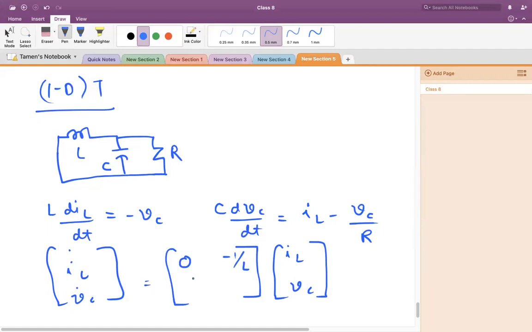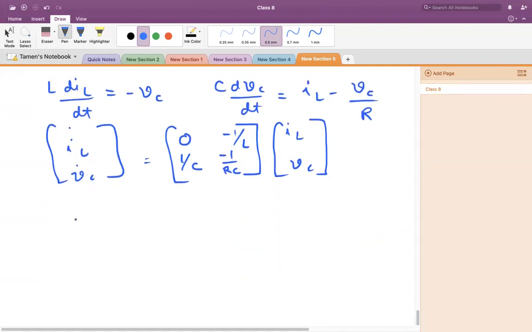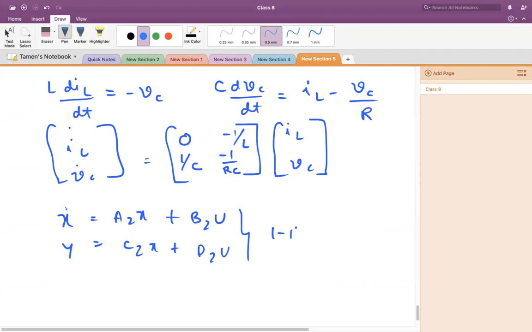It will be 1 over C. What will be VC in terms of VC? Minus 1 over RC. Correct, so these are the two equations we got. Now we write in terms of A2x plus B2u, C2x plus D2u. This will be the 1 minus dt equation.